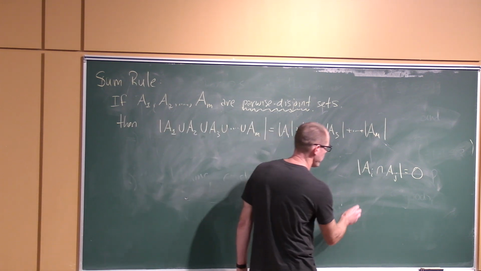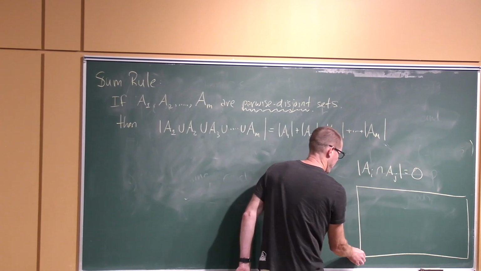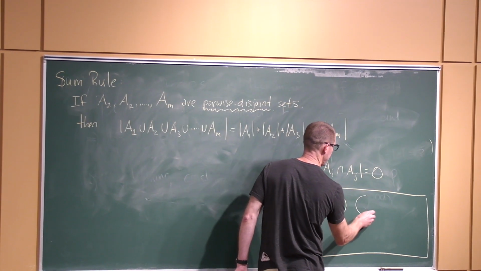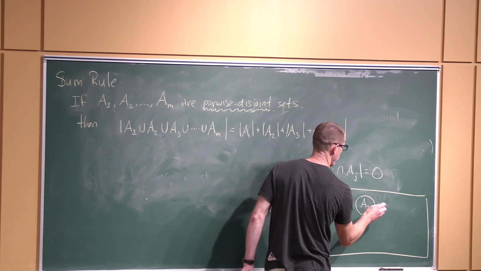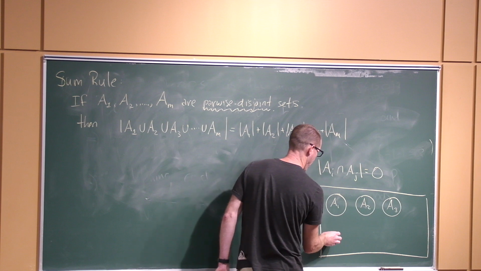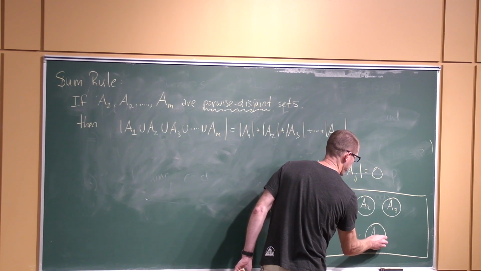So if we draw that in terms of a Venn diagram, we have the set A1, completely disjoint from it, we have the set A2, completely disjoint from those two, we have the set A3, and so on, all the way up to the set AM.